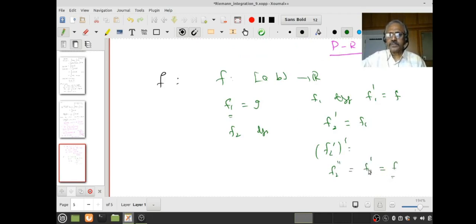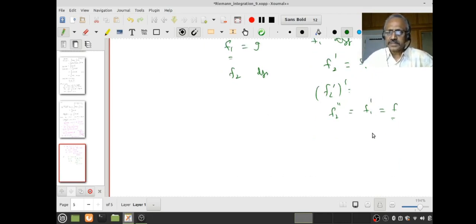So what have I done? I started with a continuous function, taking the indefinite integral once, I got a differentiable function. If I take the indefinite integral of this indefinite integral, then I get a function which is twice differentiable, and if I take the second derivative, that will be the original function, and so on.